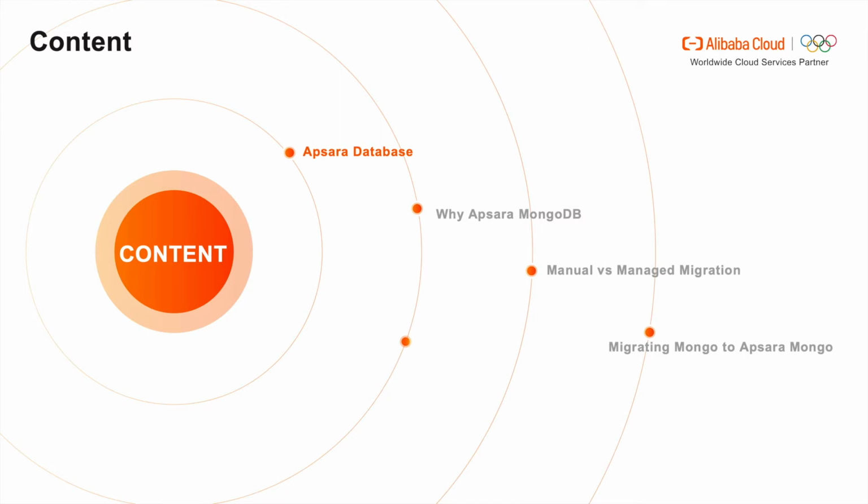And then we will discuss manual versus managed migrations, what the differences are, and in the end we will be discussing migration from Mongo to Apsara Mongo, which is a demo. I will also cover MongoDB 4.4, what is new there, and why we should move to the new version.